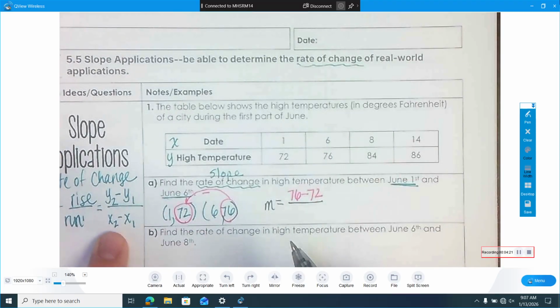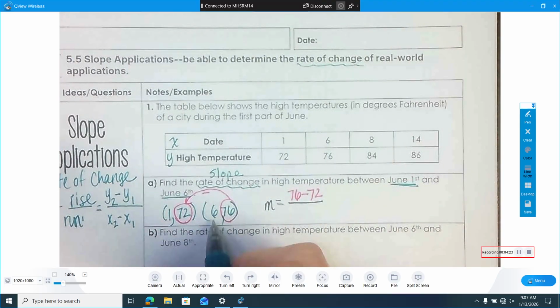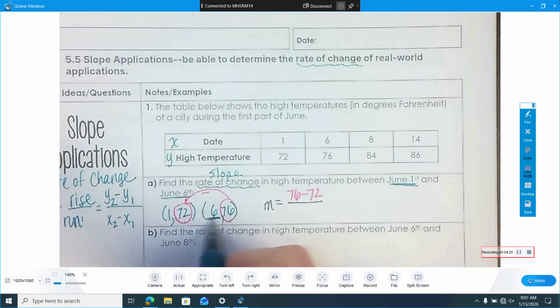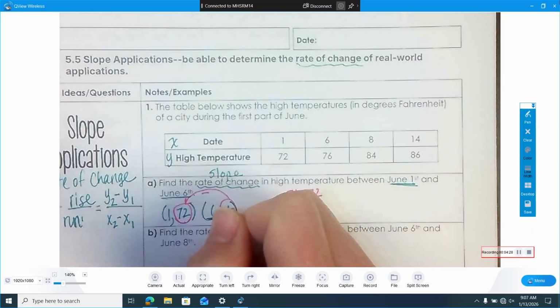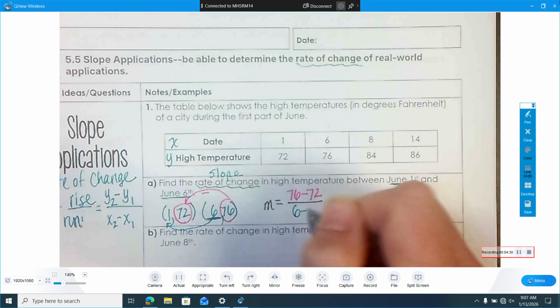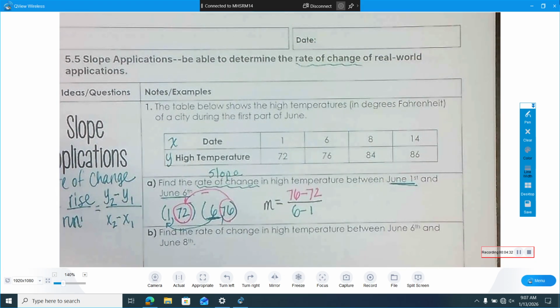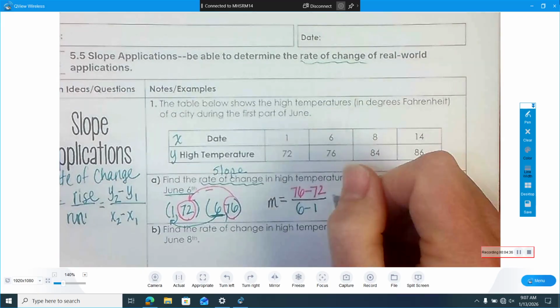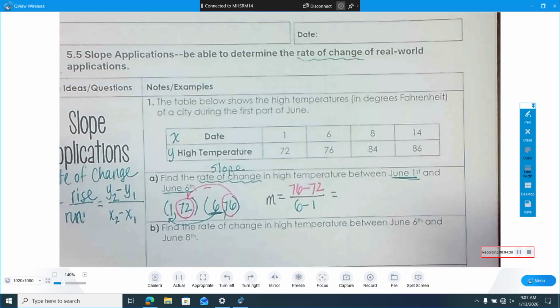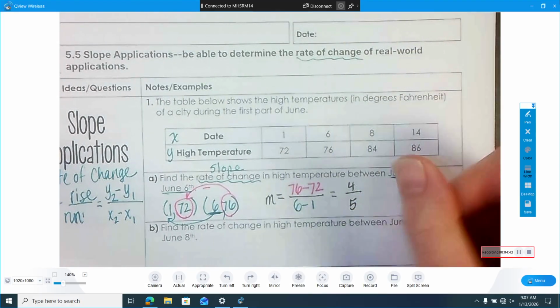And then underneath, we have the x values. So I'm going to start with the 6, my second ordered pair, and subtract the 1. That's all we're doing, just like yesterday. What is 76 minus 72? 4 over 5. 6 minus 1 is 5.